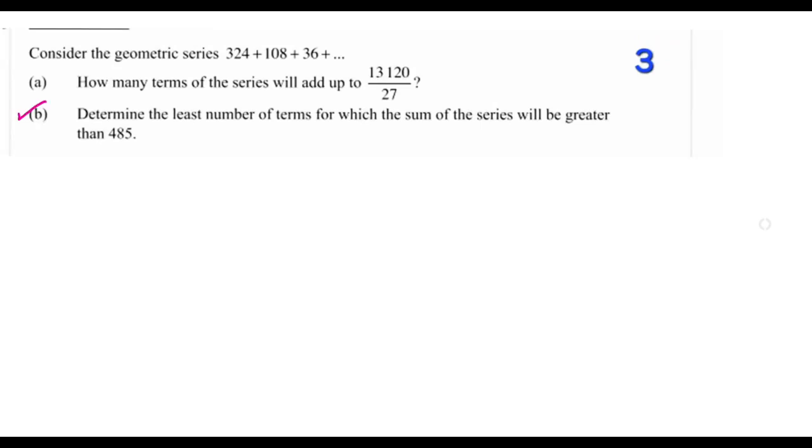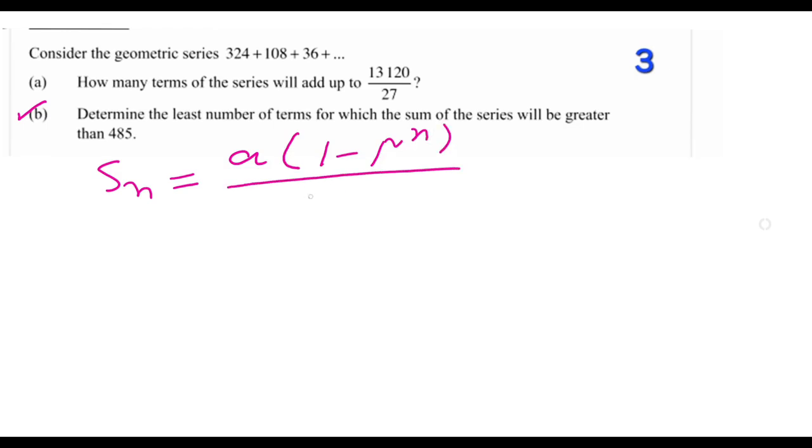Now the part B. Determine the least number of terms for which the sum of the series will be greater than 485. Set up the inequality and using the same formula, Sn is equal to a(1 minus r power n) over 1 minus r.